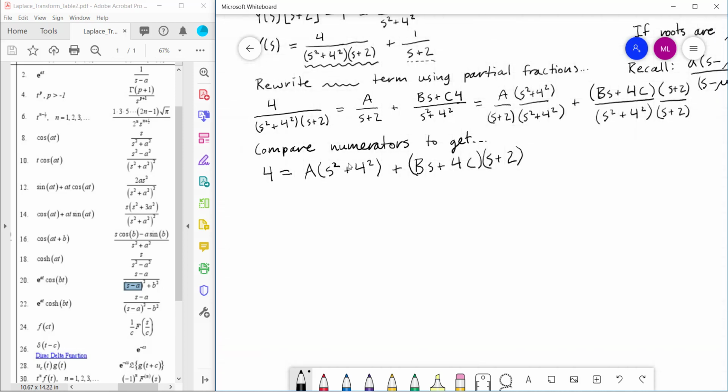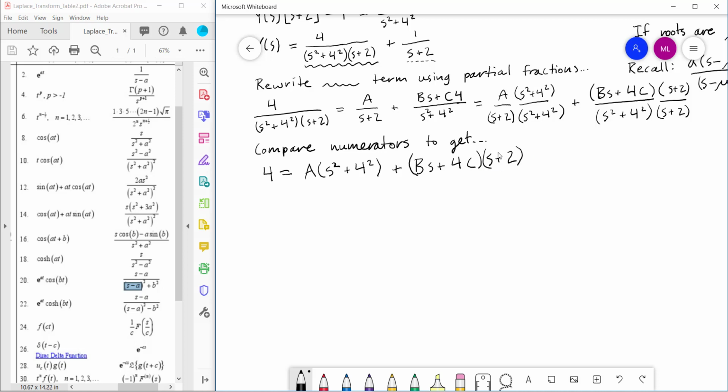Our goal is to solve for a, b, and c. And so we need to either break this down into 3 equations. We have the option of looking at the order s squared terms, the order s terms, and then whatever terms are constants all separately. Or we can try to find convenient values of s to plug in that simplify this.